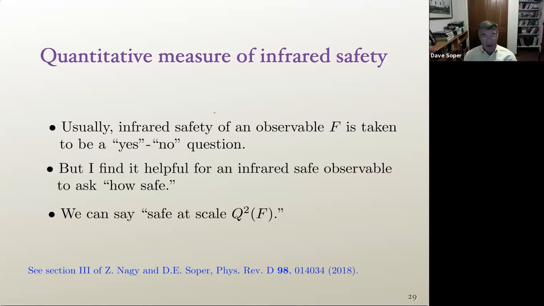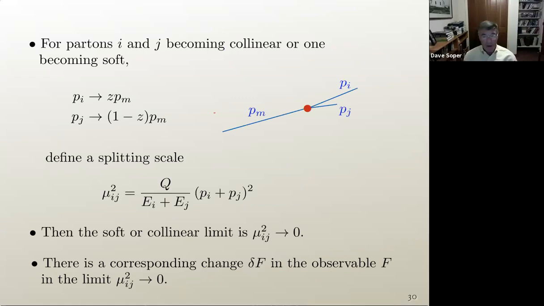Imagine a splitting. So parton m goes to parton i plus parton j. And let's just define a splitting scale, mu squared, which is Q over the energy of the total, E_i plus E_j, and then (p_i plus p_j) squared.